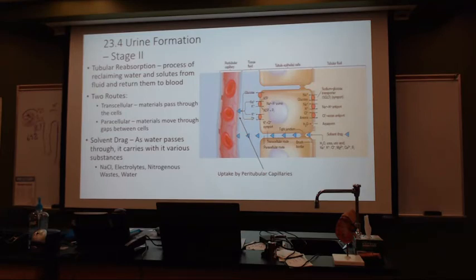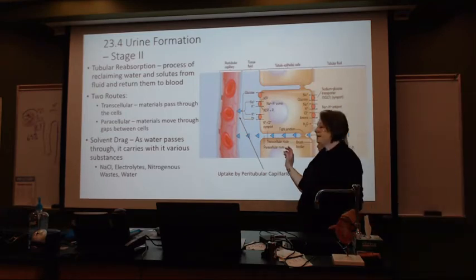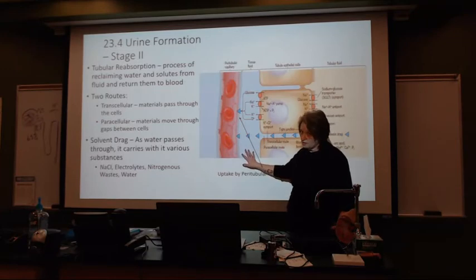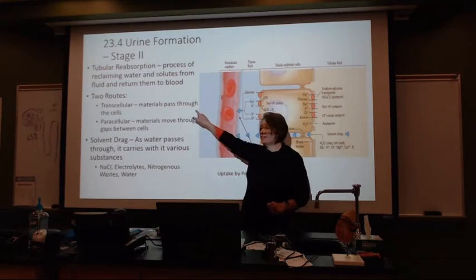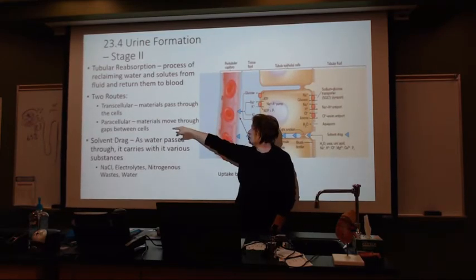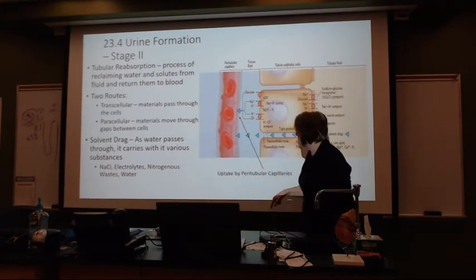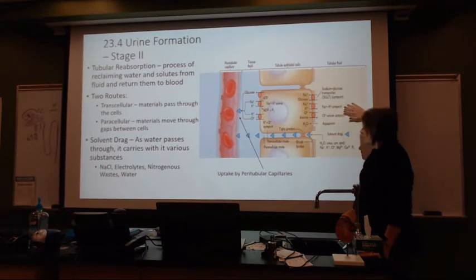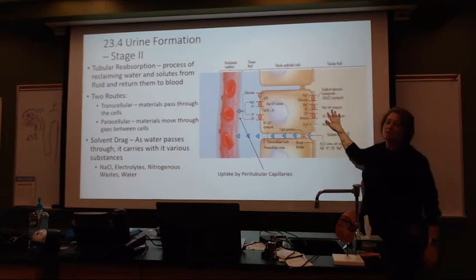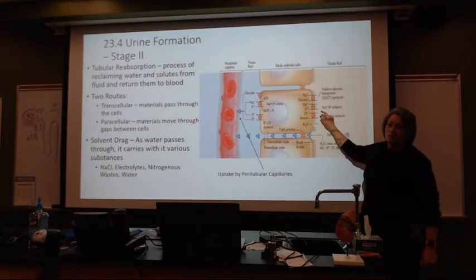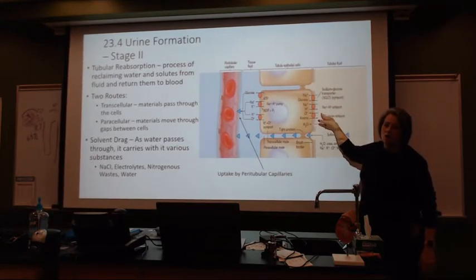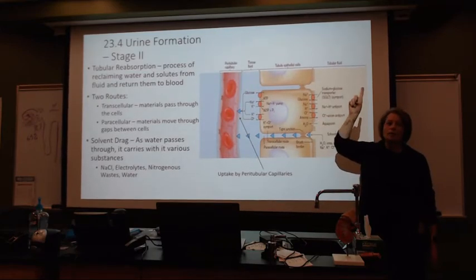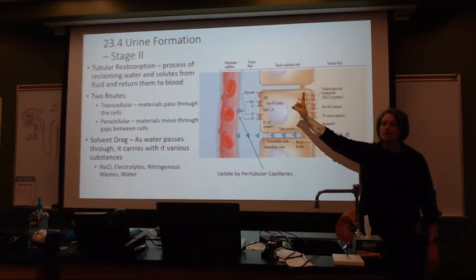So based on the tubular structure and its connection to blood vessels, if something is going to move transcellular, this means materials get to move across the cell because the cells are only one cell layer thick.